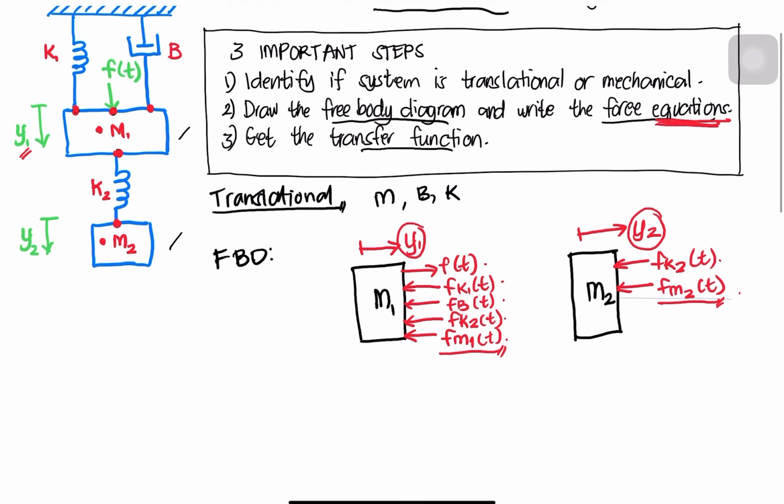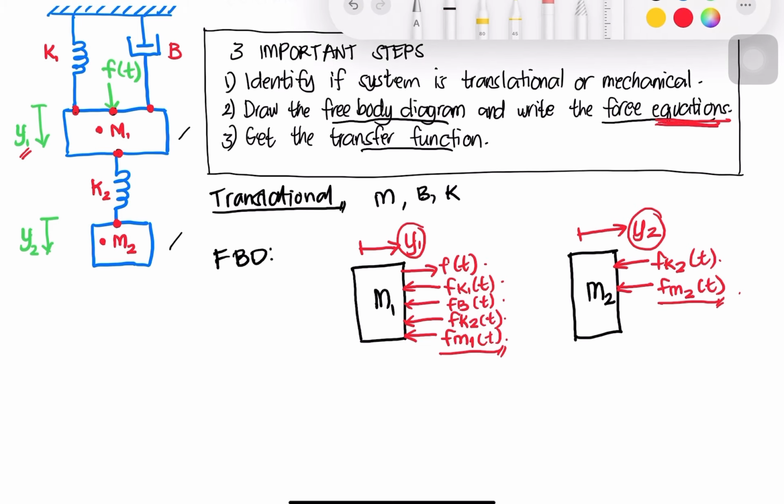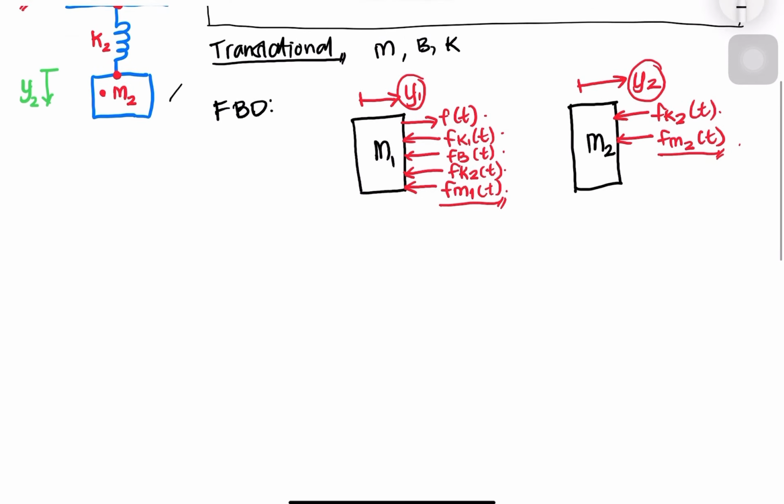And then next we have to get the force equations. For the force equations, we will base it from the free body diagram. Since we have two free body diagrams, then we will have two force equations as well.